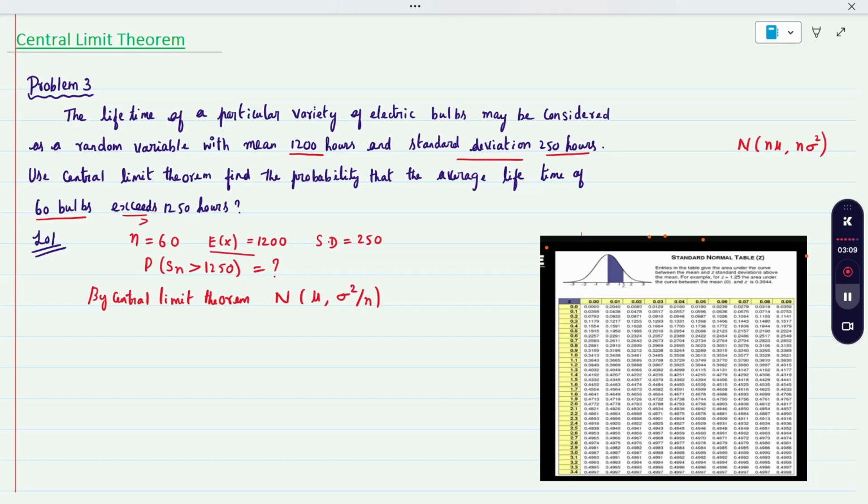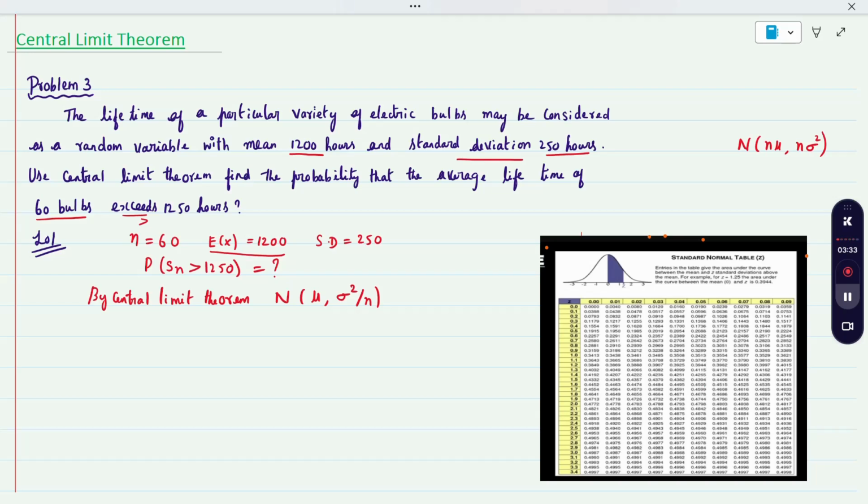Here n is only 60, but when I multiply n into mu, I get more than 5 or 6 digit numbers. This would be difficult for my calculation, so I'm not going with the previous video's method.